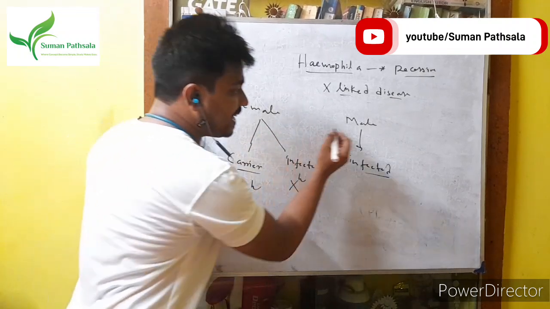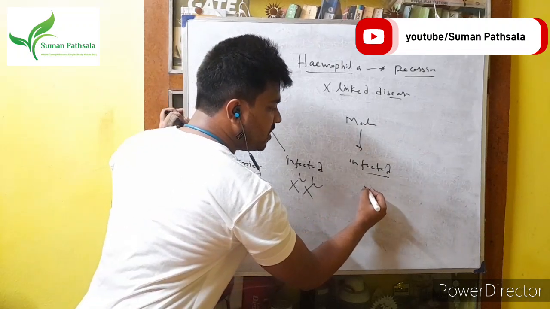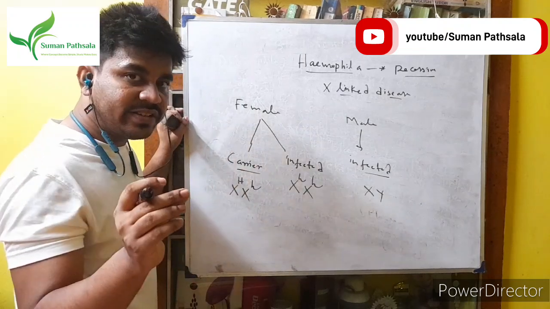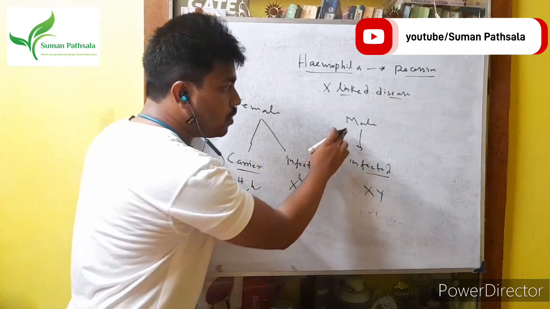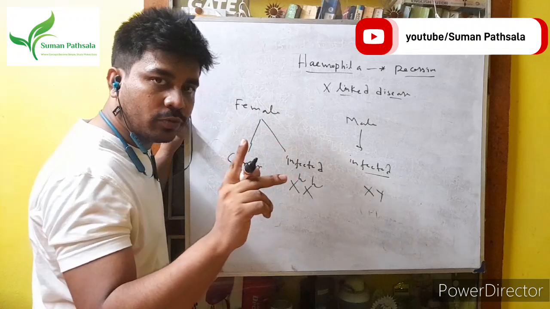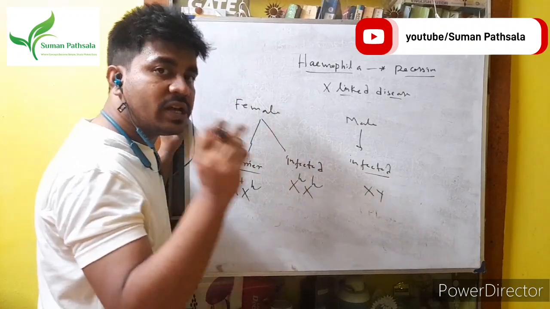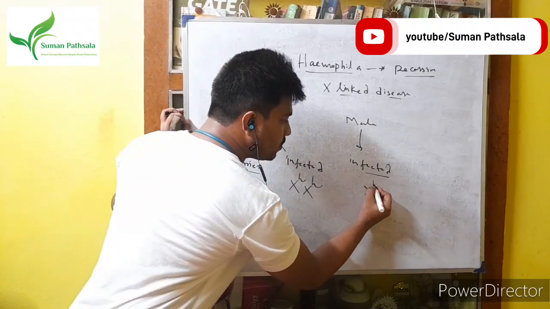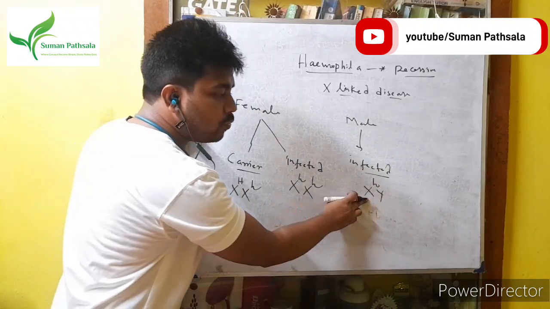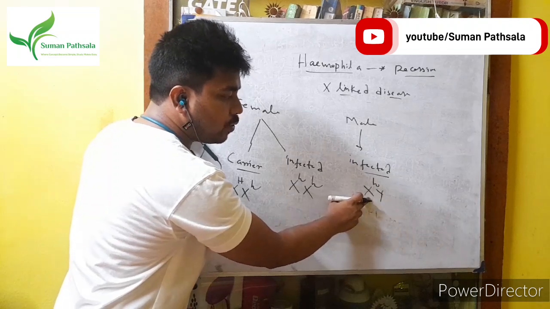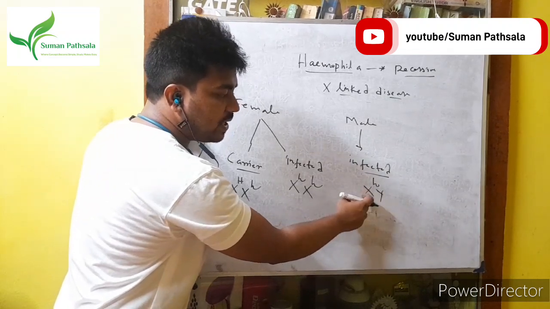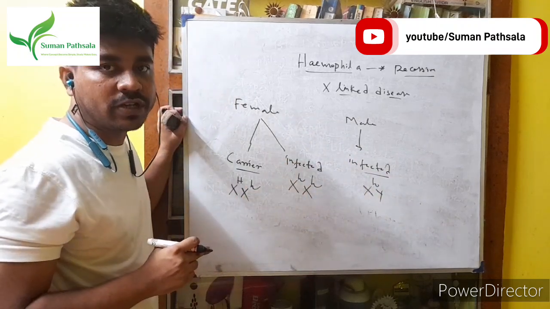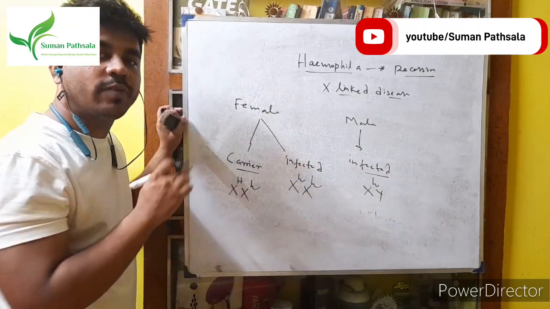Clear? And for males, we designate them as X and Y, right? Since it is an X-linked disease, the male has only one X chromosome, so the haemophilia gene is present only on the X chromosome. So X bears only small h. That means this type of symbolization, XY with small h, identifies a male infected with haemophilia. This is the symbolization of haemophilia.